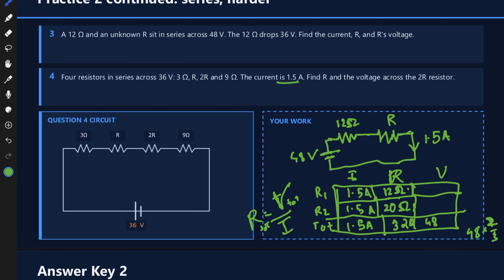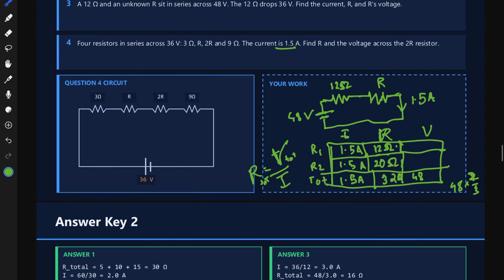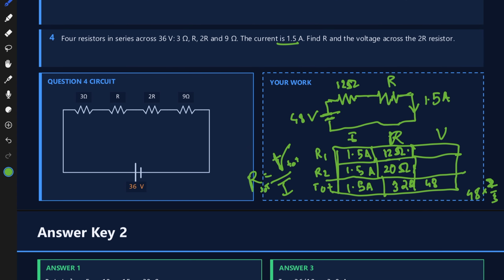So 12 times 1.5 is for R1. So voltage 1 for R1 is 12 times 1.5, which is 18 volts. All right. And for resistance 2, it's 30 volts, which makes sense. 18 plus 30 gives you 48.